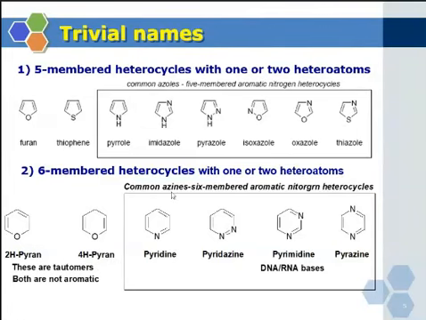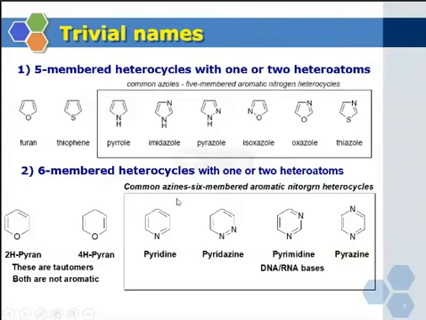Now the common azines, which are six-membered, aromatic, nitrogen containing heterocycles, we will come across these four heterocyclic members. The first and the simplest member of this category is pyridine.